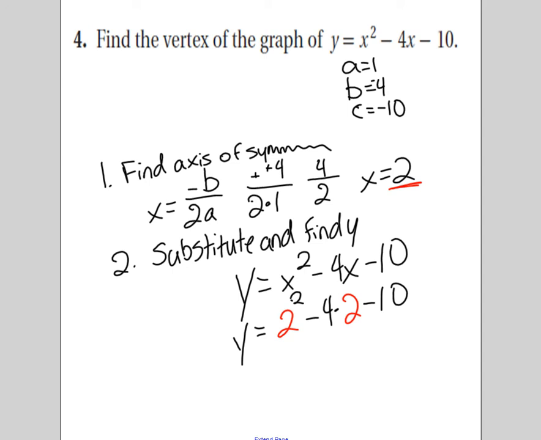So we've got 4 minus 8 minus 10, which is negative 14. So what does that mean?